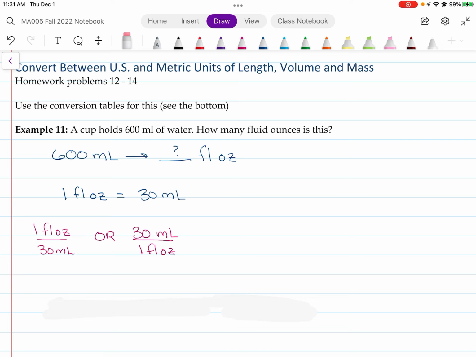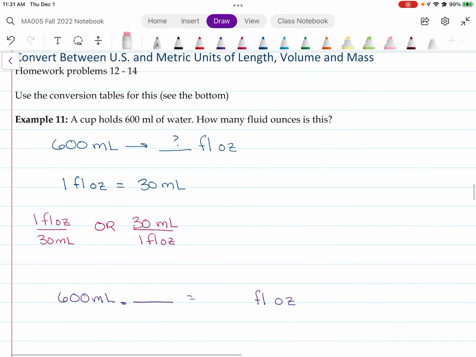Now we set up our little math sentence so we can fill in the blanks. We've got 600 milliliters times some conversion factor equals how many fluid ounces? Which conversion factor are we going to use so that milliliters cancels and fluid ounces is on top? That would be that one. So we put 1 fluid ounce on top and 30 milliliters on the bottom.